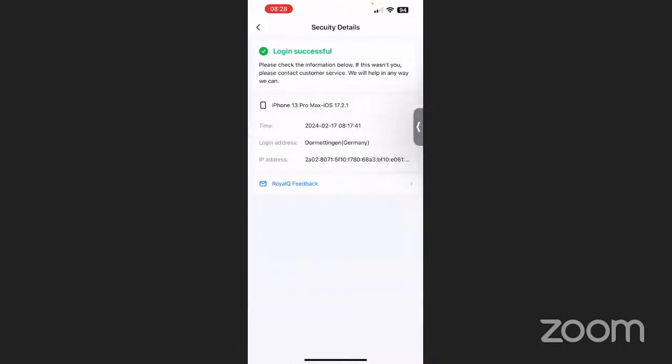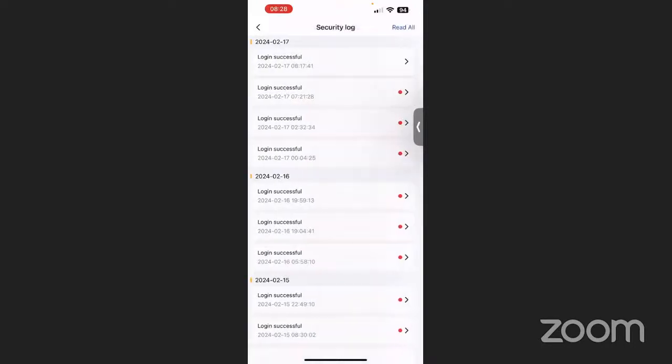Once you tap on each login successful, you can read your login address, the time, the device you used in logging in, and even the operating system you are using. If you realize these things are not accurate, you can report it to Royalq support and change your credentials immediately.